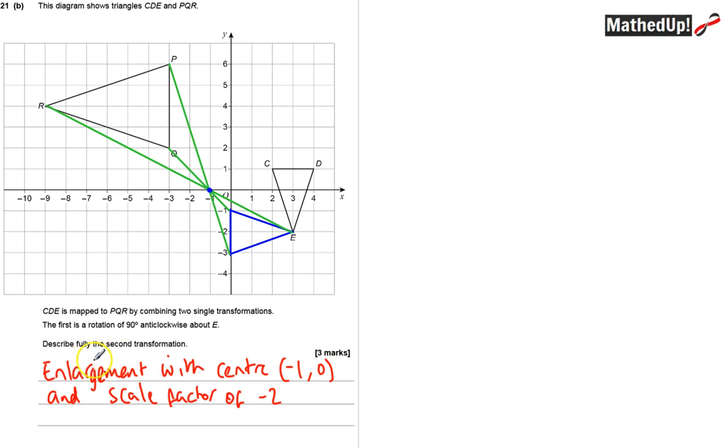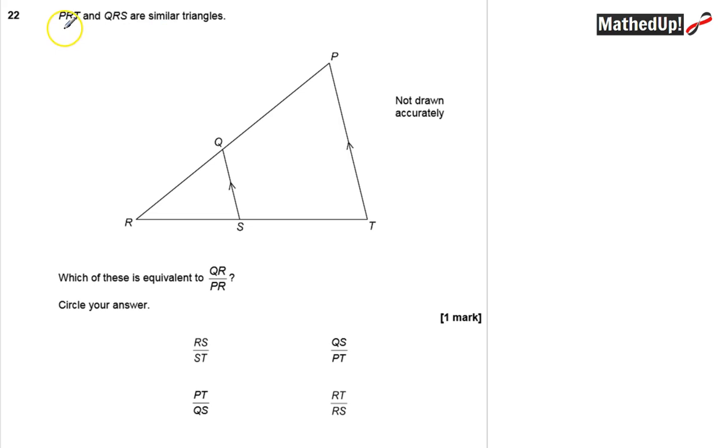So that's describing the transformation fully. I've said what the transformation is: it's an enlargement. I've said where the centre of enlargement is, at (-1, 0), and I've also stated the scale factor, which is -2.